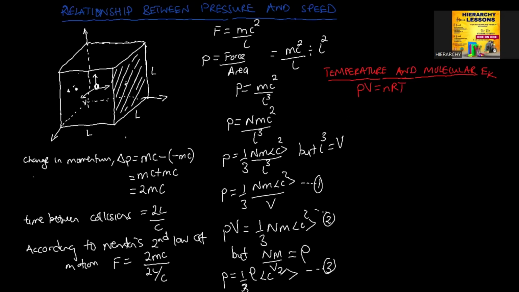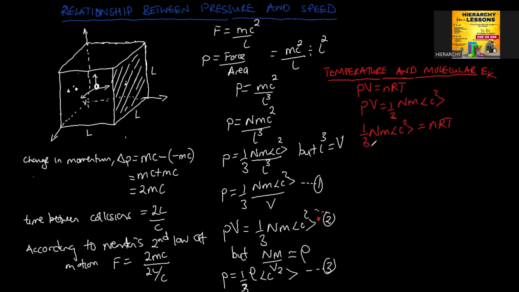And also we have equation 2, which says PV is equal to a third Nm C squared. So we can say a third Nm C squared is equal to nRT.